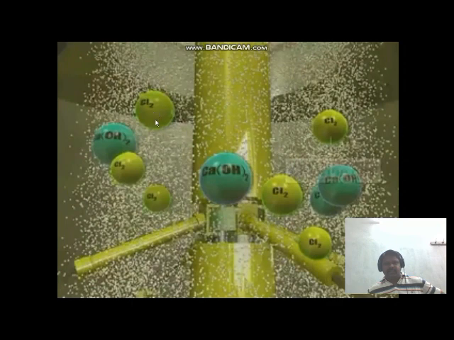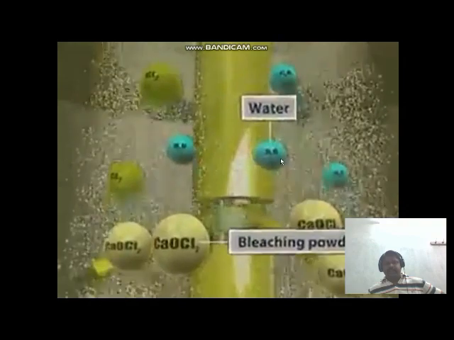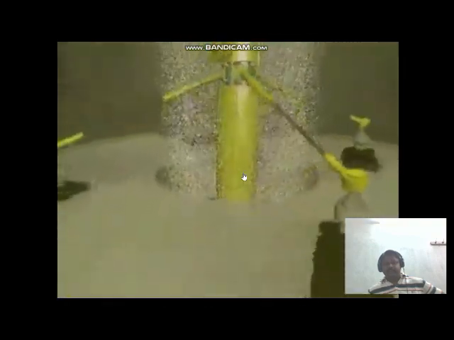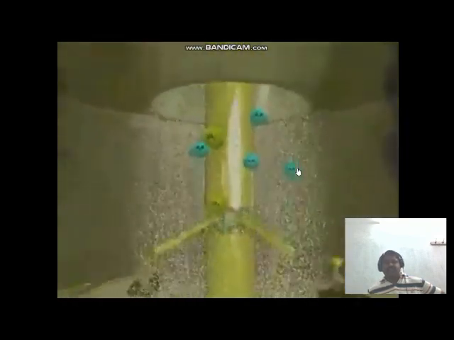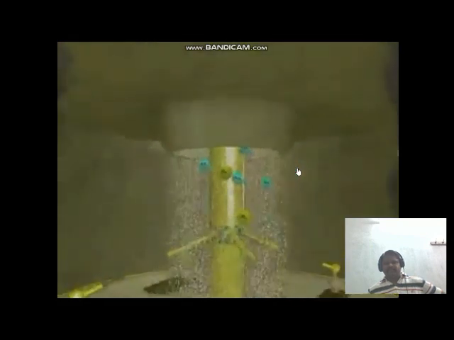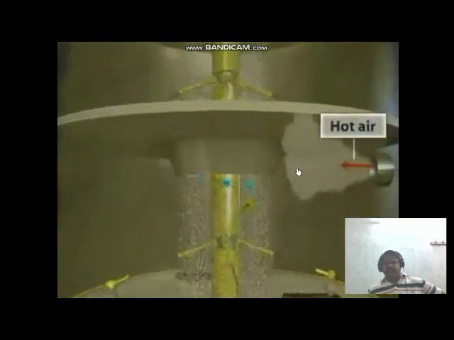See here, chlorine gas is reacting with the slag lime. The reaction takes place up to the last shaft. Finally chlorine is reacted and bleaching powder is formed. That bleaching powder is collected at the bottom in barrels or a vessel. Okay, this is about the making of bleaching powder.